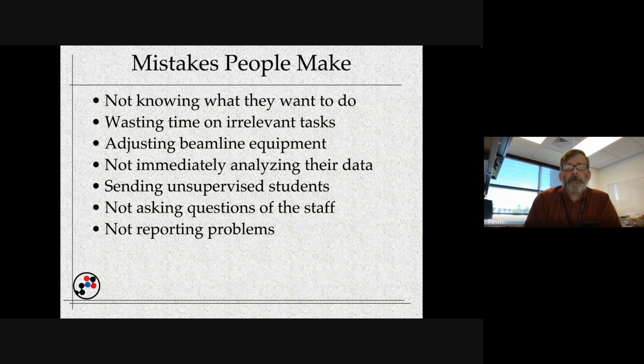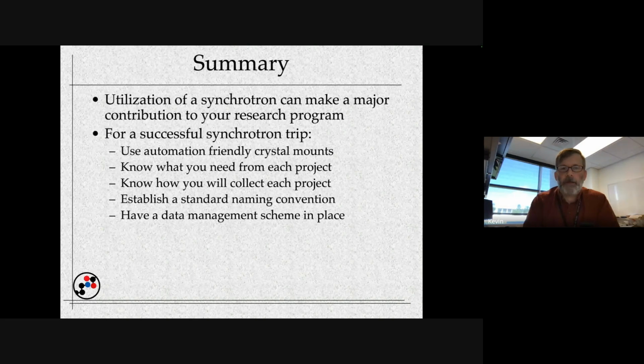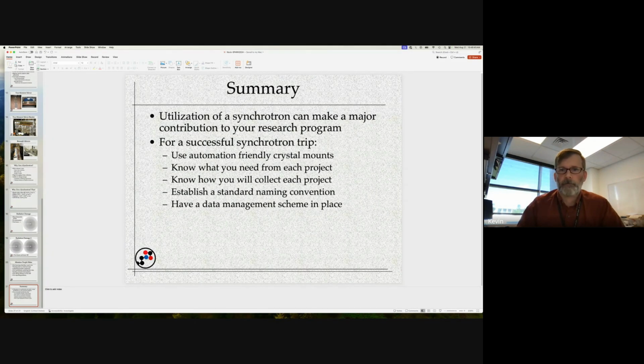So you need some sort of data management scheme in place so that you can track where your structure came from, as far as the data and the crystallization conditions. That's all I've really got for you right now. I'm happy to answer any questions.